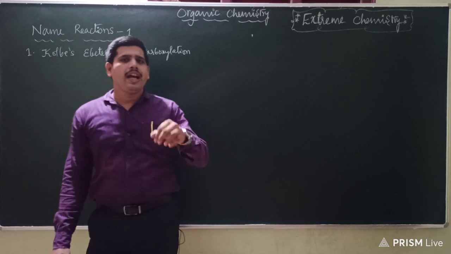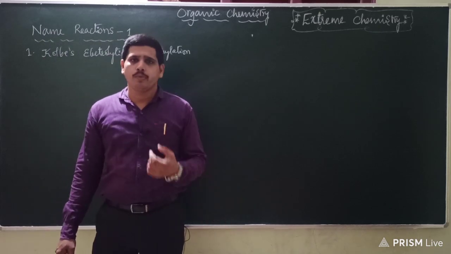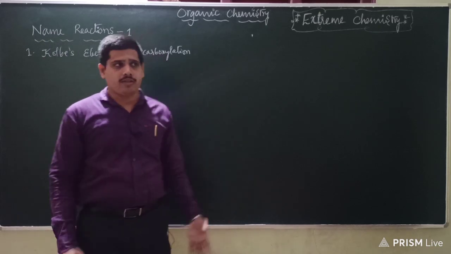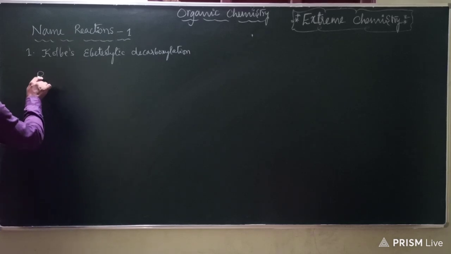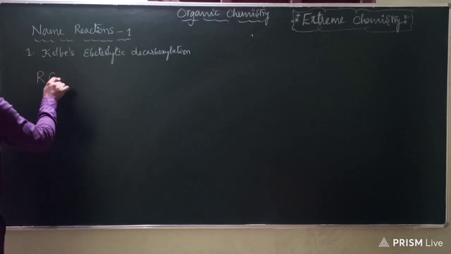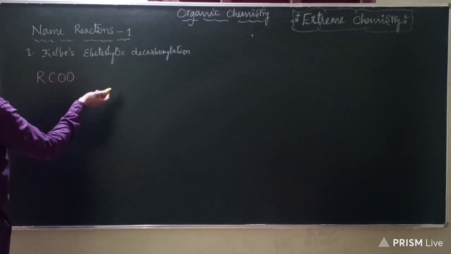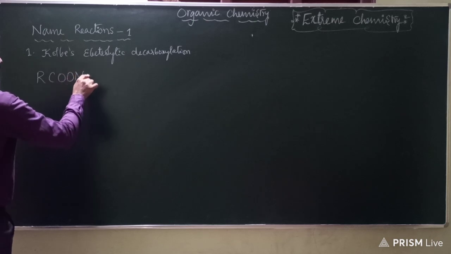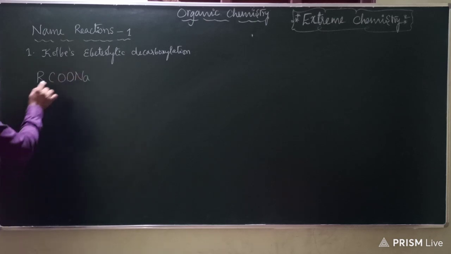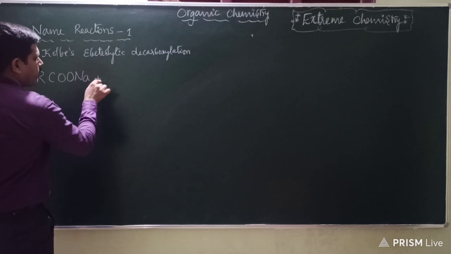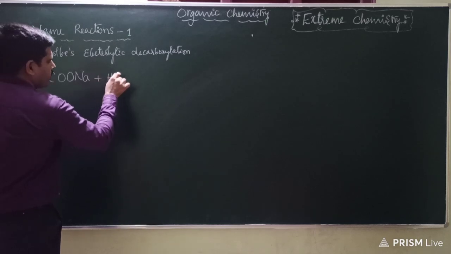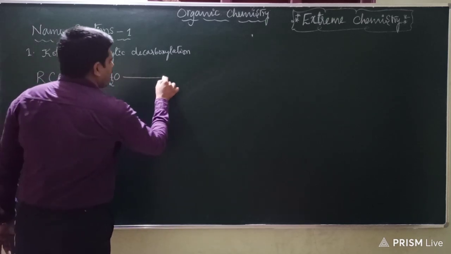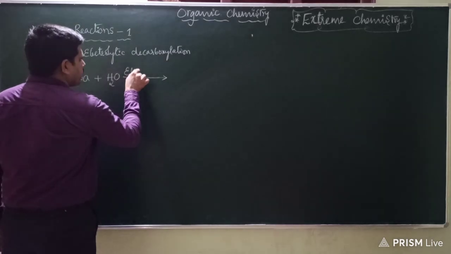To the acid add base. To prepare the sodium salt you add sodium hydroxide. So I am taking carboxylic acid in general, RCOOH, now in the sodium salt form, RCOONa. The aqueous solution is taken, so water must be present, and we carry out electrolysis.